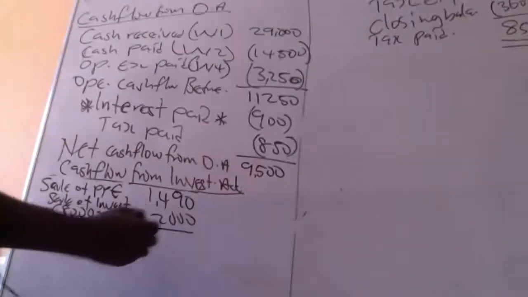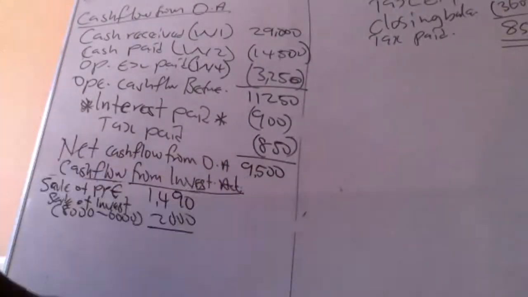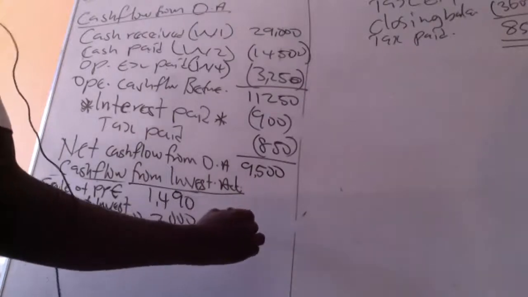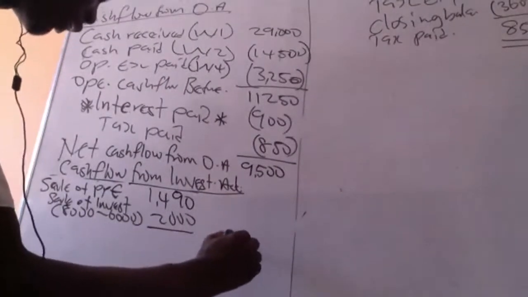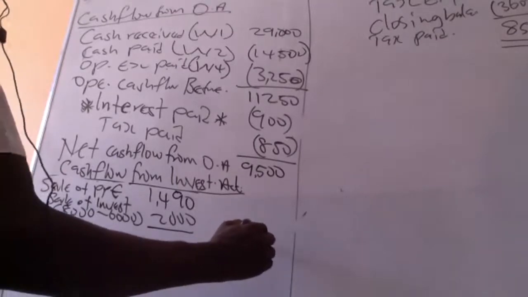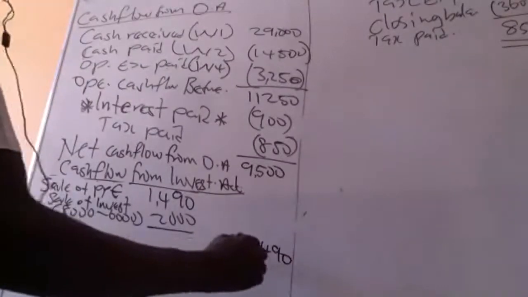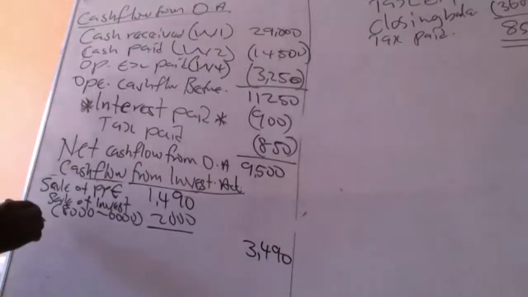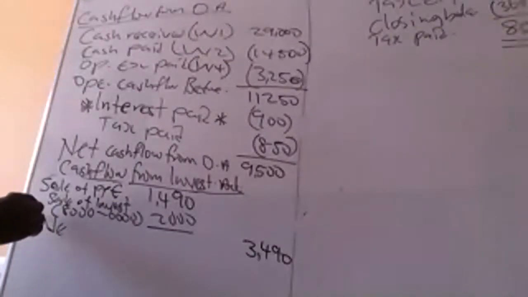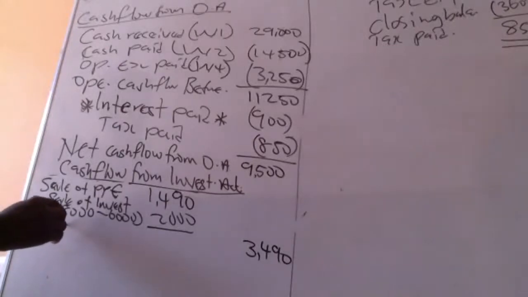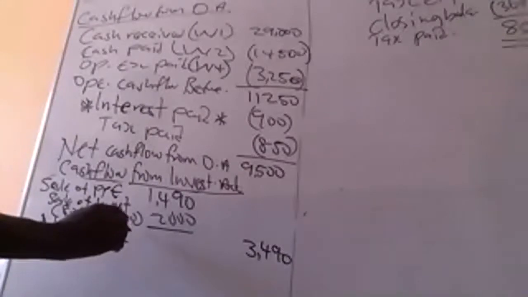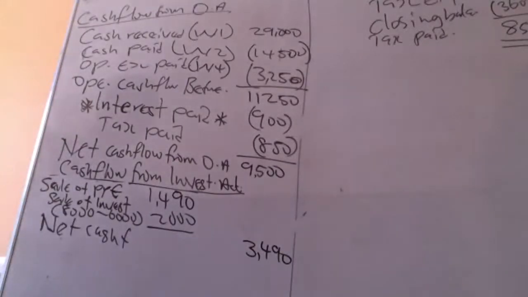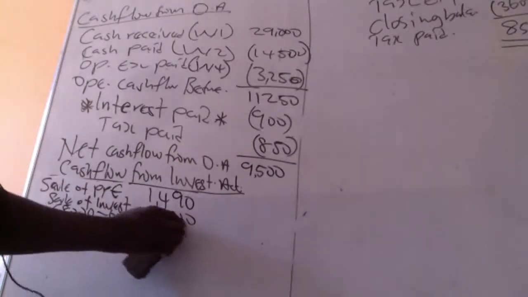Now, if that's all, you add them and push the answer here. So adding this will be 3,000 and 490. What's the name given to it? We call it net cash flow.